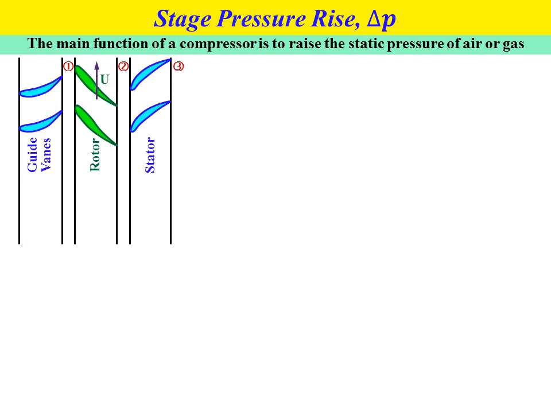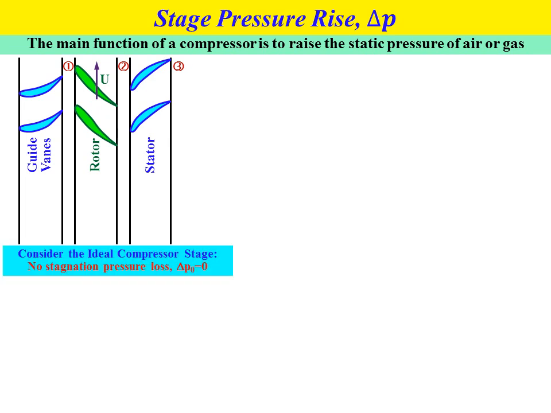Okay, so this is the schematic diagram for the blade row regimen. And if we consider the ideal compressor stage where there are no stagnation pressure losses, delta P naught equal to 0, we will have this kind of pressure profile where we have pressure rise in the rotor, delta P rotor, and also pressure rise in the stator, delta P stator.